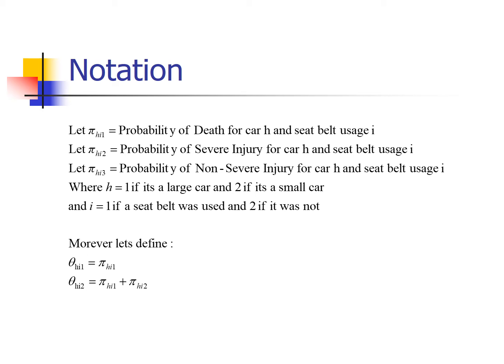Theta 1 is the same as pi 1, but theta 2 is pi 1 plus pi 2. Notice we technically don't need a theta 3, because theta 3 would be pi 1 plus pi 2 plus pi 3, but that would just be 1, agreed?